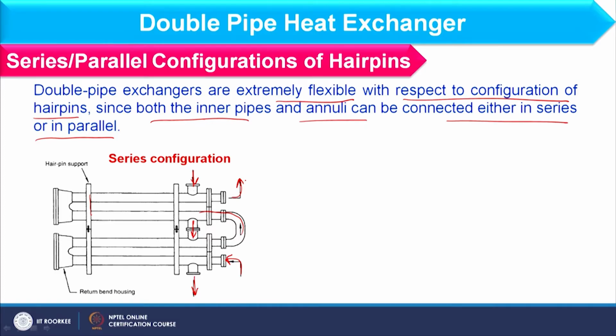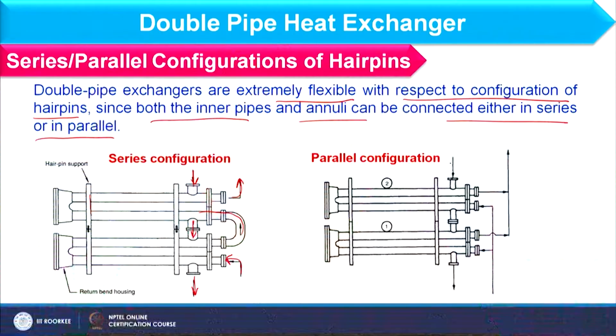And similarly, if I am speaking about parallel configuration, fluid enters different hairpins separately and it exits separately. What is the difference? Let us see with this schematic. Here, on the annular side the fluid enters from here, then passes through this and then exits from here.